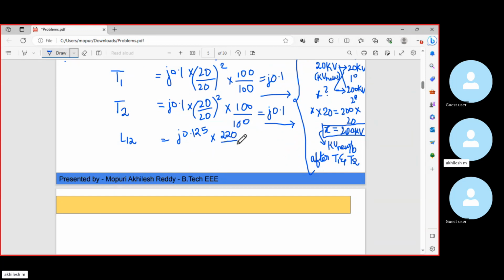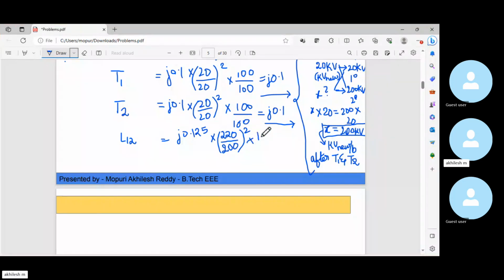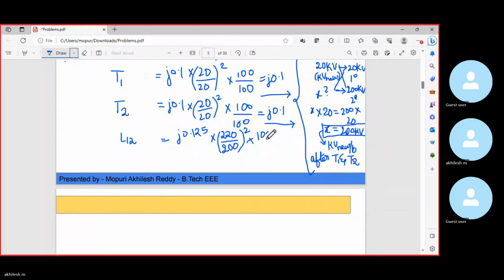Just now we have calculated after the transformer, it is 200 kV, whole square, into 100 by 100. Calculate this value of the L12 per unit value. What is this value?